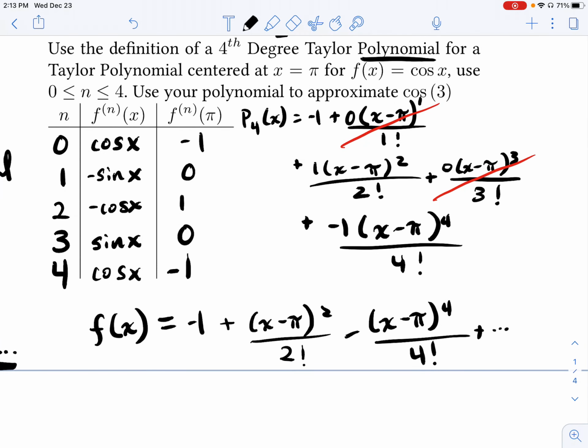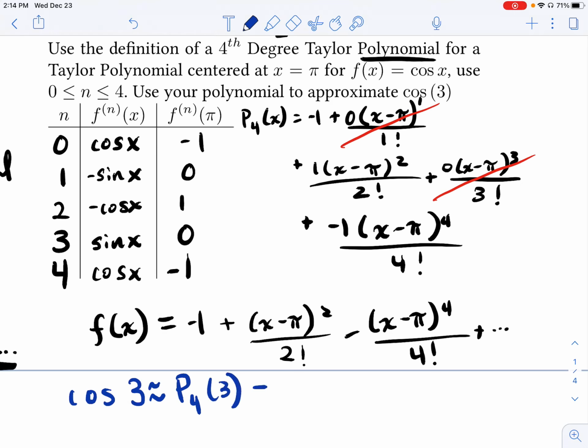Now it's asking me to use my Taylor polynomial to approximate the cosine of 3. So let me just do this in a different color. So cosine of 3, remember, our function is cosine. We're going to try to evaluate cosine of 3, and we're going to use the Taylor polynomial to do that. So let's say that cosine of 3 is approximately equal to the 4th degree Taylor polynomial evaluated at 3.